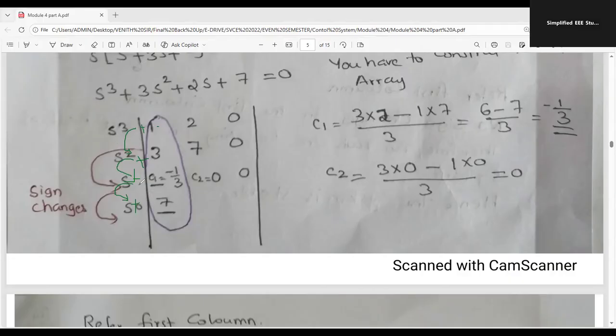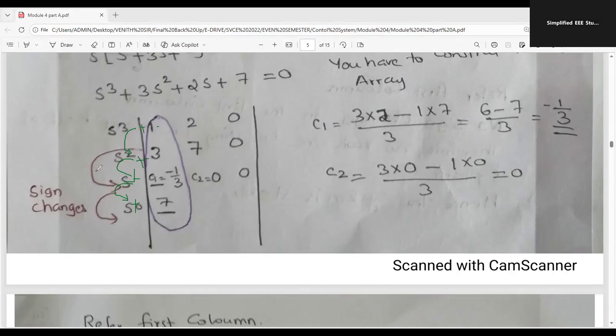Because of two sign changes, what is the meaning? System is unstable. How do you say that it's unstable? Because the number of sign changes will be equal to the number of poles in the right half of S plane. If right half of S plane poles are available, it means system is unstable. So there are two poles available in the right half of S plane.